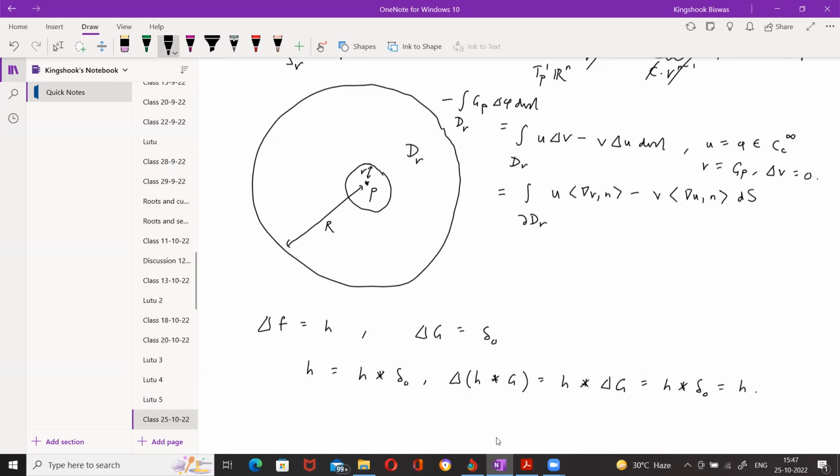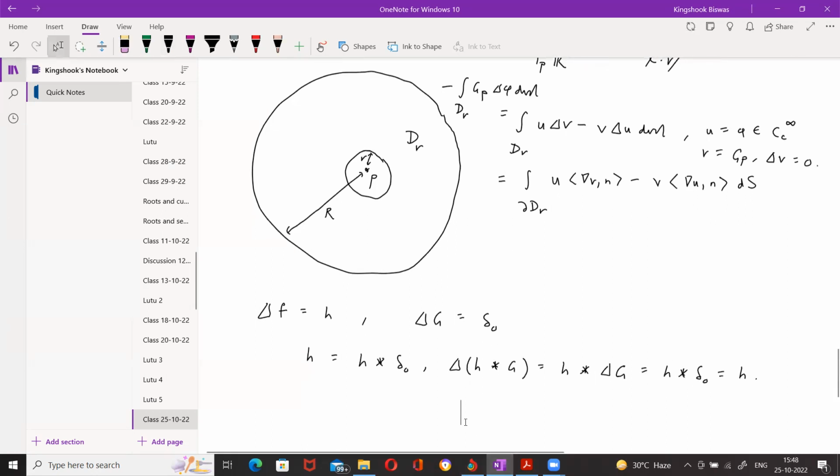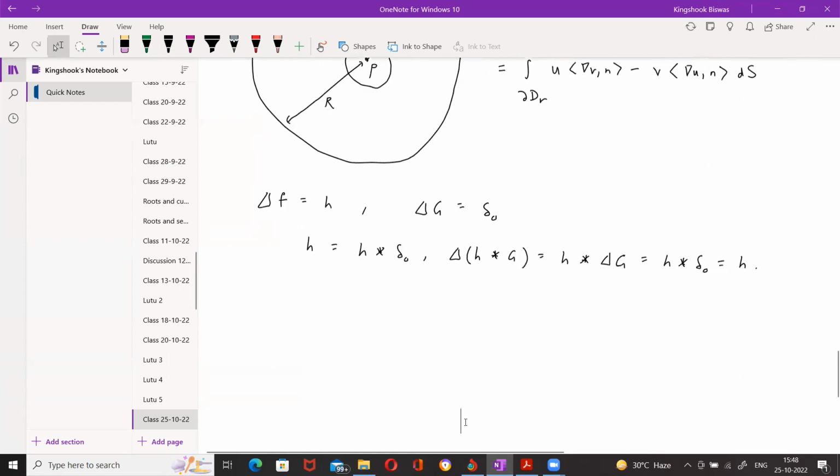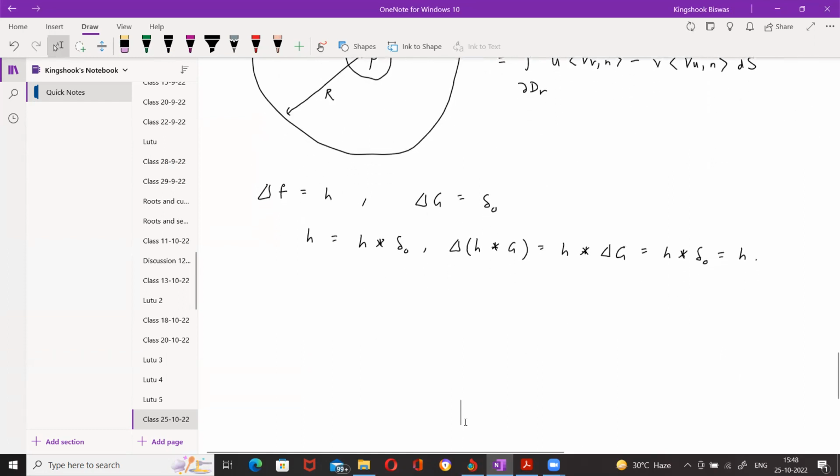So in a harmonic manifold, or in a general Riemannian manifold also, really, with the Green's function you can solve the Laplace equation. The only thing is, instead of a convolution, it will be an integral operator.